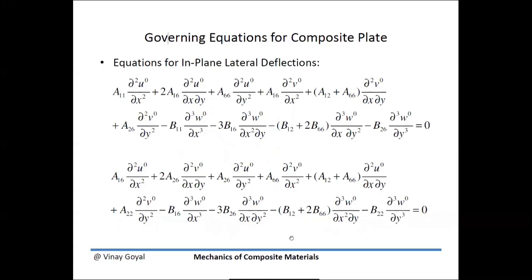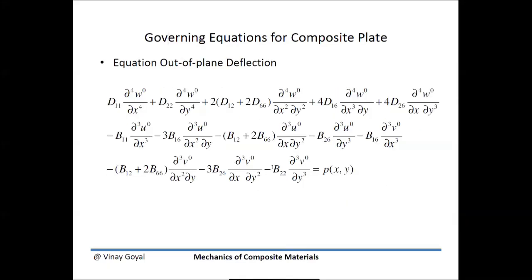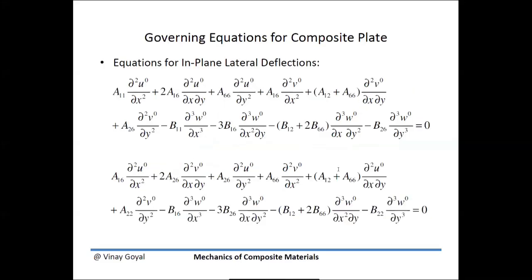You get three equations that have U, V, and W as unknowns, the in-plane and out-of-plane deflections. In this case, I'm including the pressure, so you have basically a plate subjected to a pressure. So three equations, and the three unknowns are U, V, and W. The boundary conditions of a particular problem are known. As you can see, these are highly complex problems to solve. You're probably not going to do that by hand.